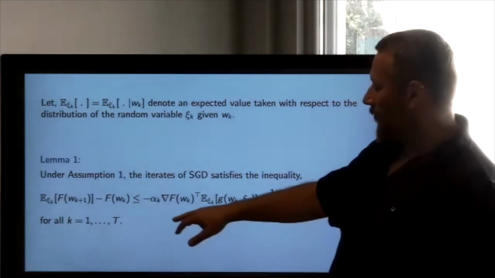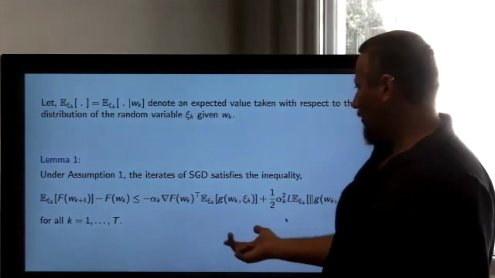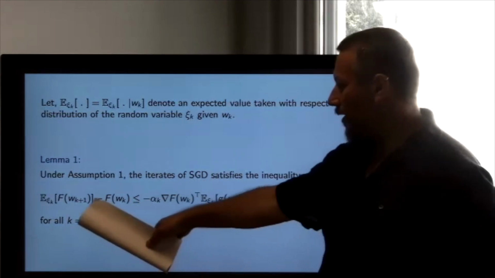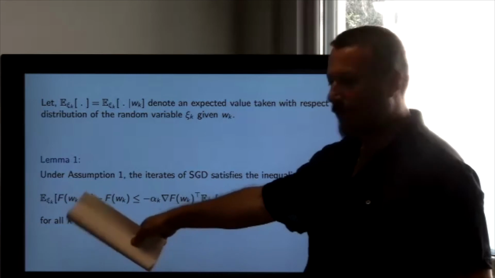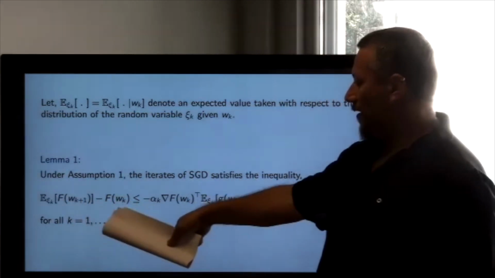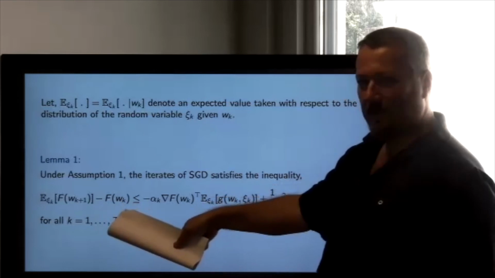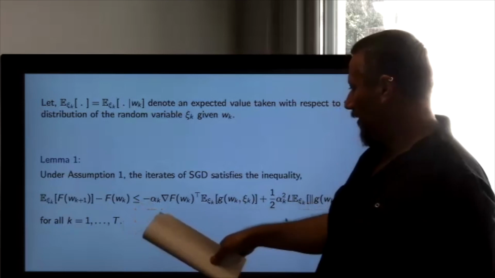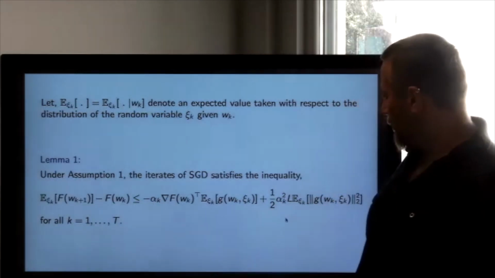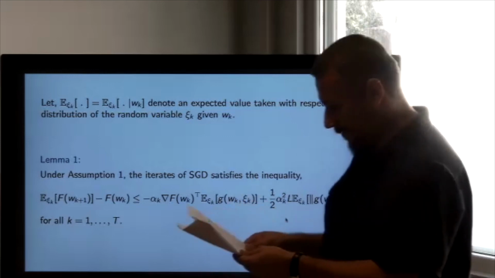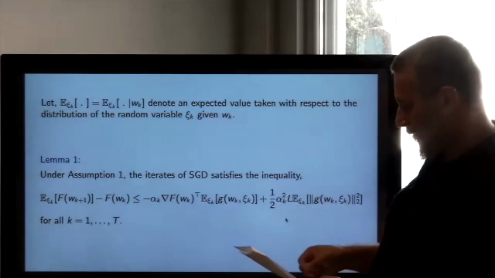So the theorem says the expected value with respect to ξ_k of f(ω_{k+1}) minus the value of the function at the previous point ω_k is smaller than or equal to this expression.